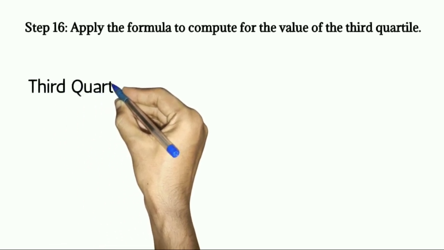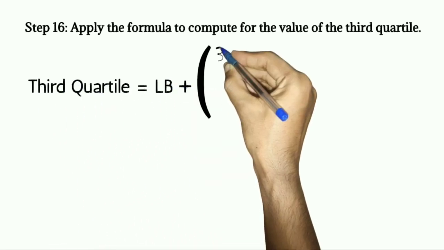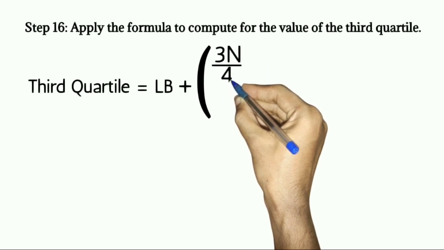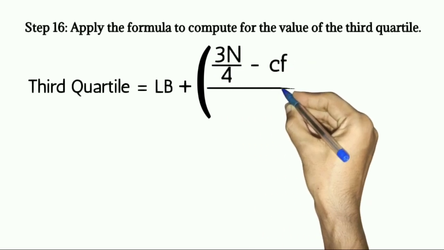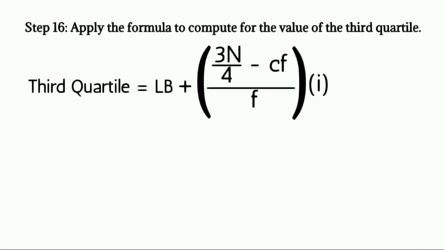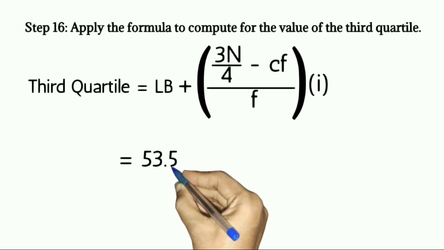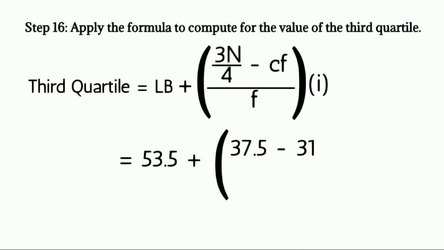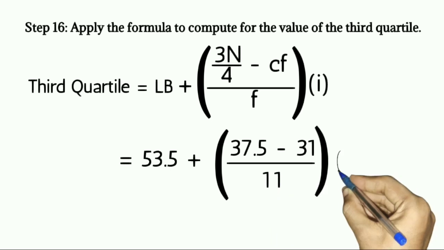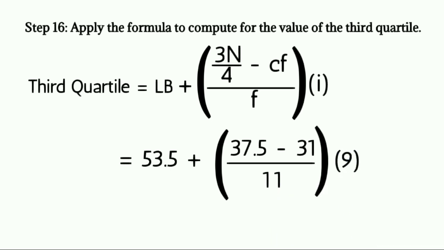The third quartile is equal to LB plus 3N over 4 minus CF divided by F times I. Na-compute na kanina yung 3N over 4, that is equal to 37.5. Let's now substitute the values. The third quartile is equal to 53.5 plus 37.5 minus 31 divided by 11 times 9.